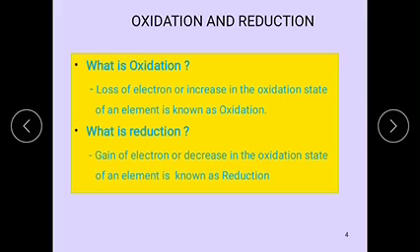Simply, the loss of electrons from an element is called oxidation. Reduction is the process of gaining electrons by an atom.